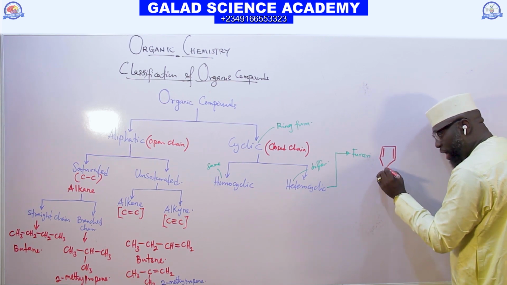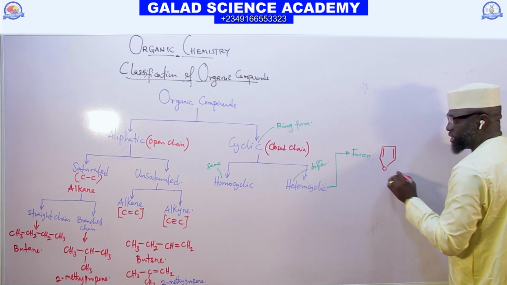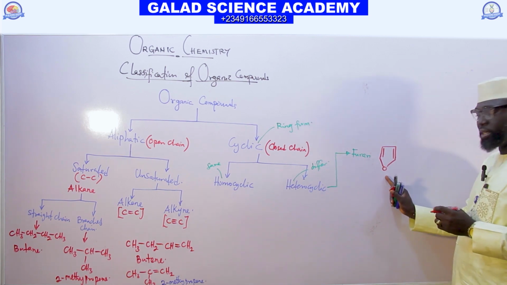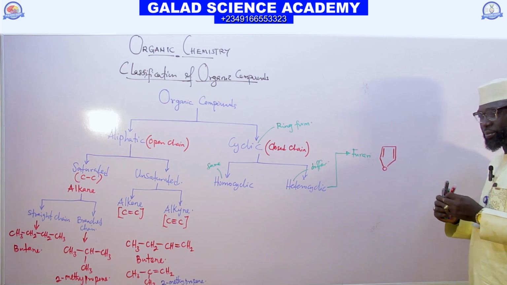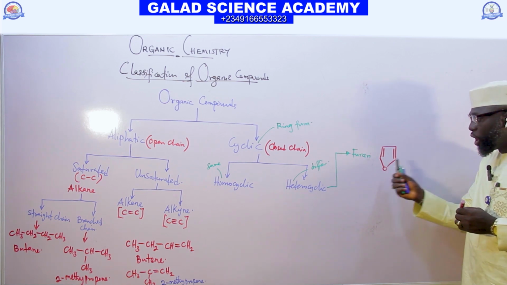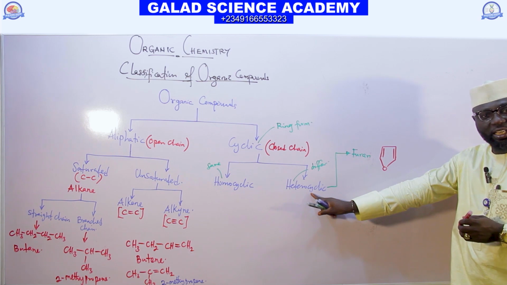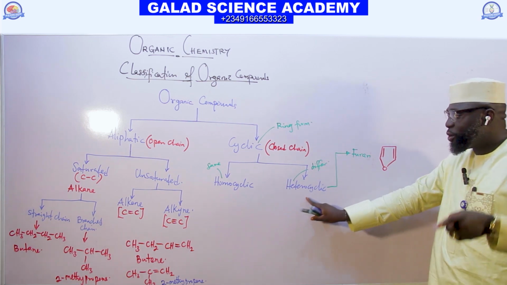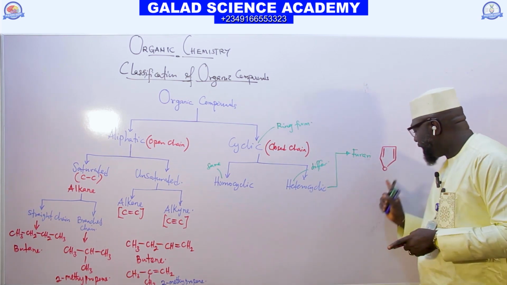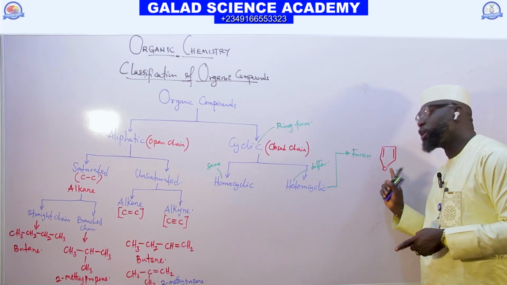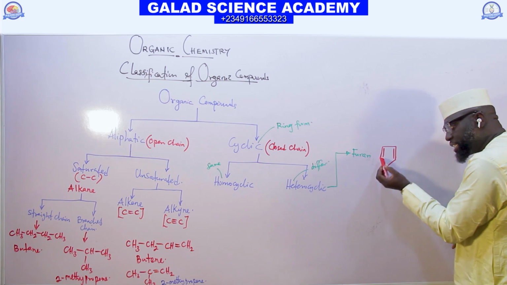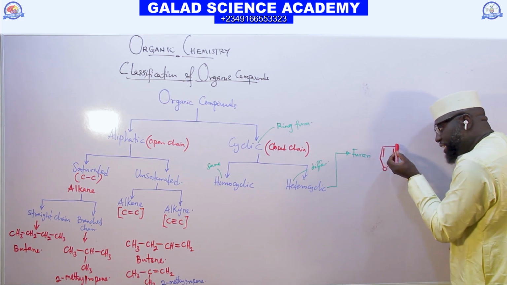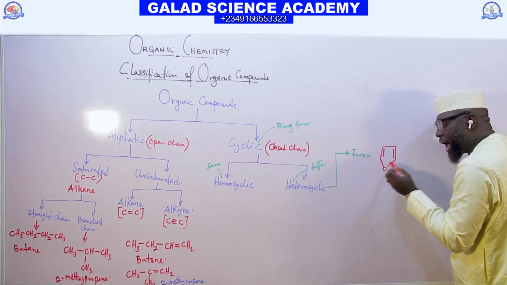On top here we have oxygen. Furan is a good example of a heterocyclic compound. But in the case of homocyclic, there won't be oxygen here; it will also have carbon here, because this angle, this angle, this angle and this angle contain carbon.